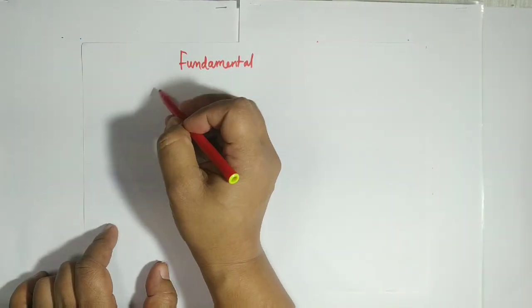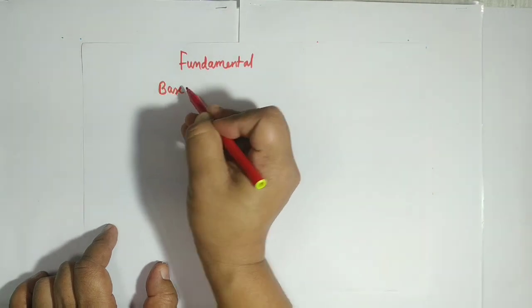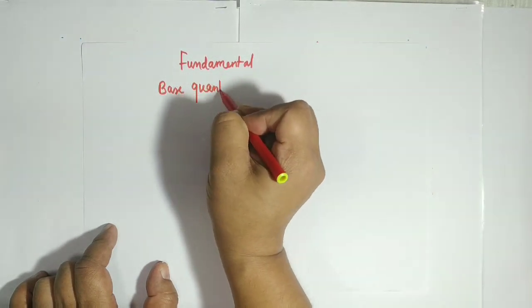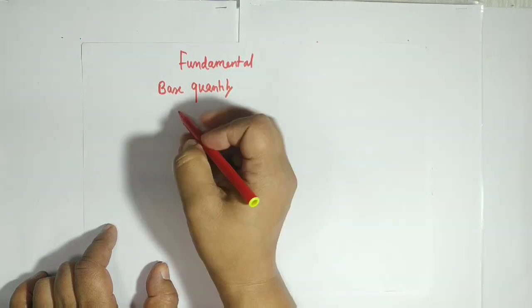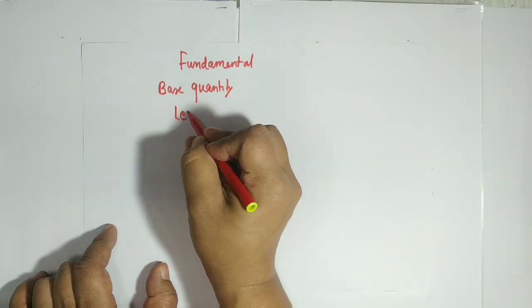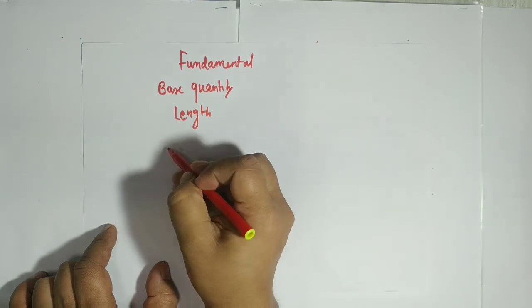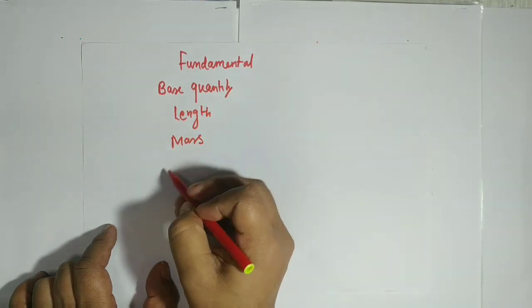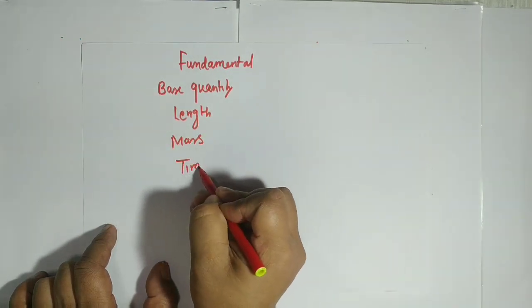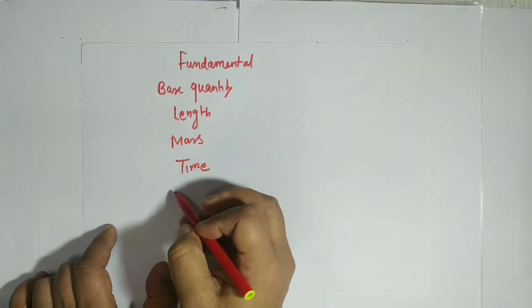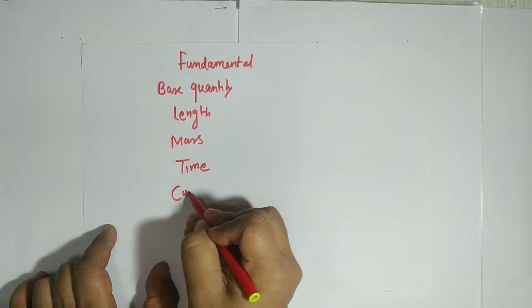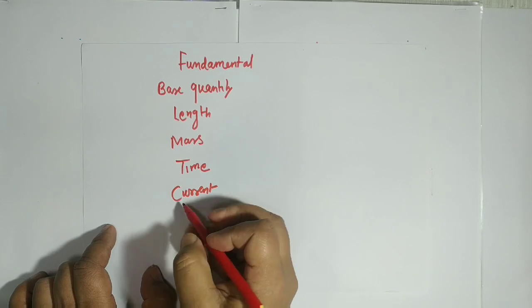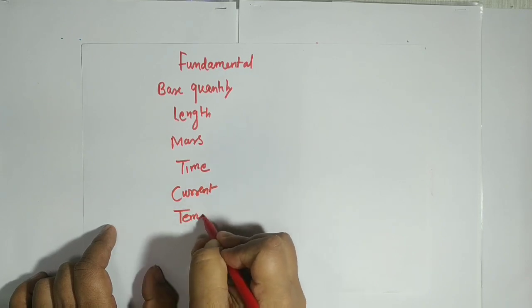The fundamental quantities are the base quantities. And what are those? We know length, we know mass, we know time, electric current, then temperature.